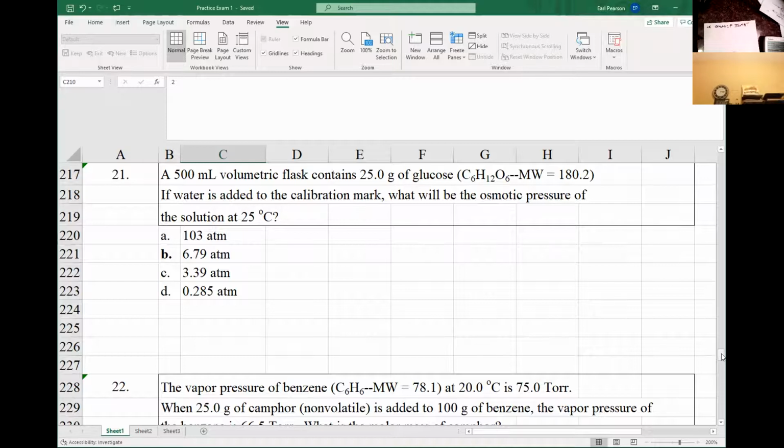We've got 500 milliliters. We put 25 grams of glucose. The molarity is the number of moles divided by the number of liters.